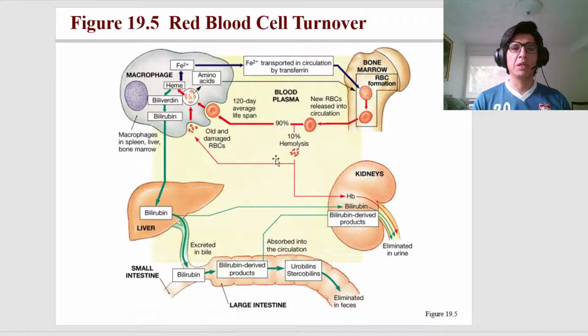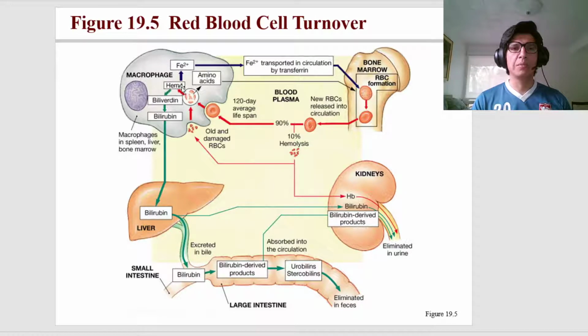But naturally, we remove any red blood cells that have hemolyzed. We recycle amino acids. We recycle the iron, and this gets transported by globulins. One of them is transferrin. It sends it back to the red bone marrow.